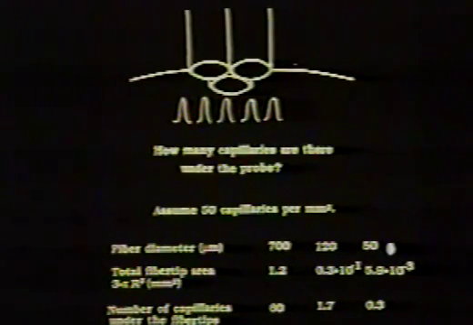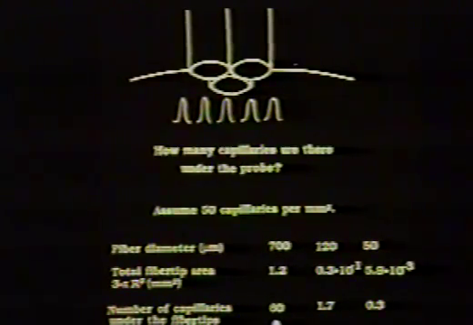We calculate the total surface area right here, and then we multiply this simply by the capillary density, and we can see that the number of capillaries that we have right under the probe in the most sensitive area of the scattering volume is about 60 for the probe based on 700 micron diameter fibers.